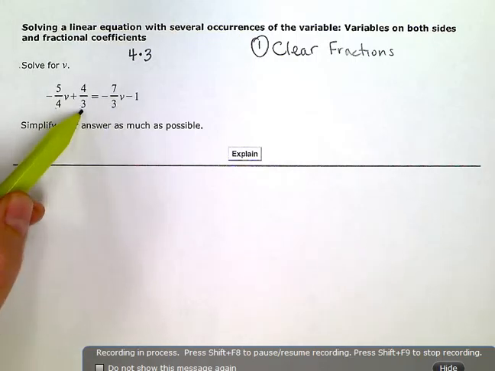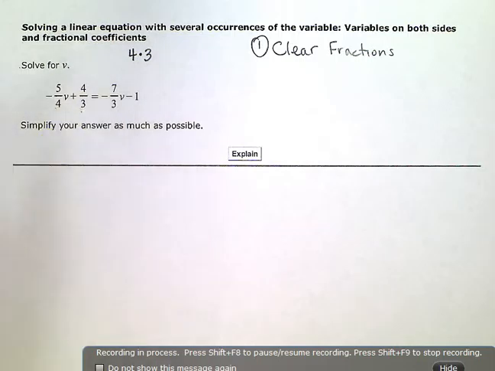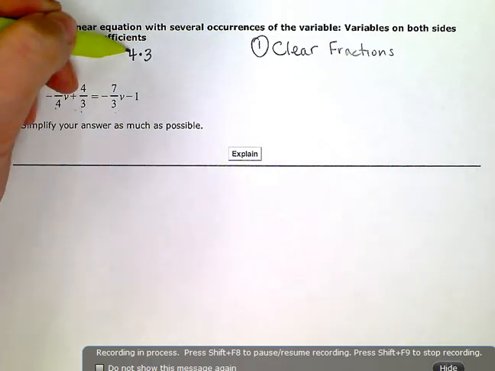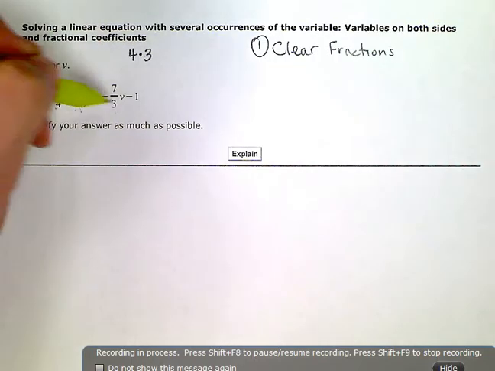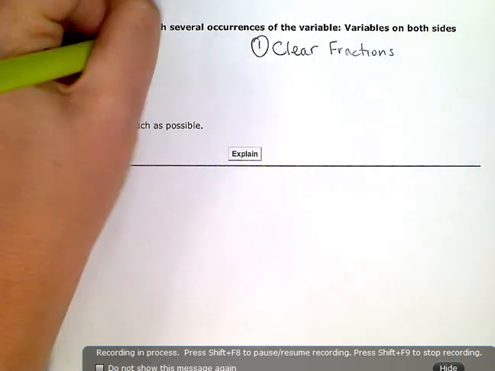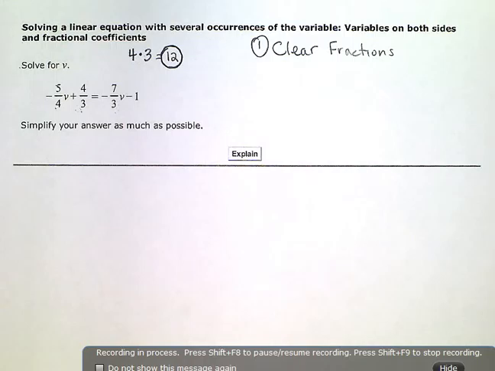One of every different denominator, but if you put it in twice, this will still work. If I did 4 times 3 times 3, it'll still work. But I'm just going to put the 3 in once as a representative of that denominator. And when I multiply them together, I get 12. This is the magic number that is going to clear away every single fraction.